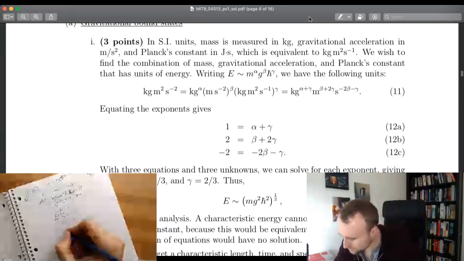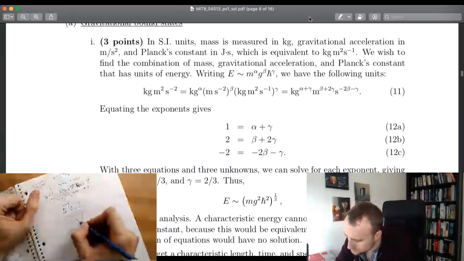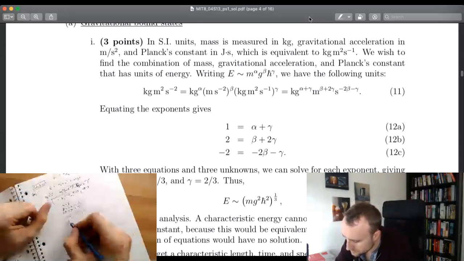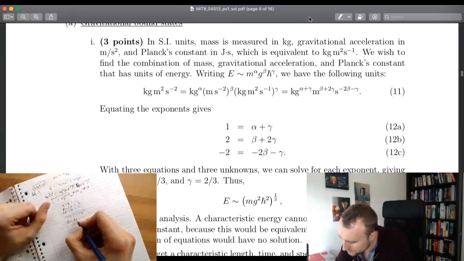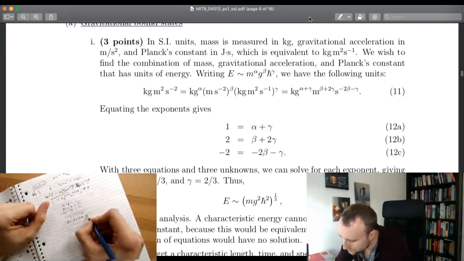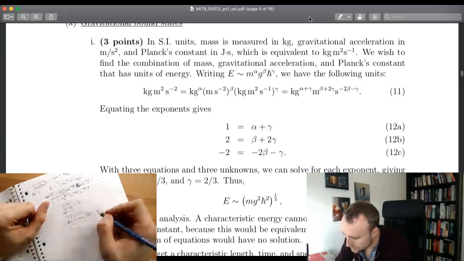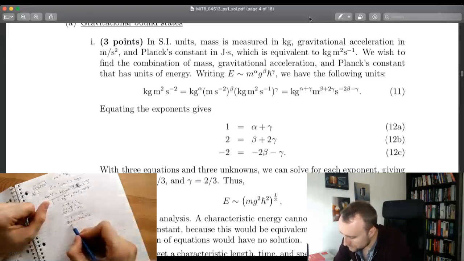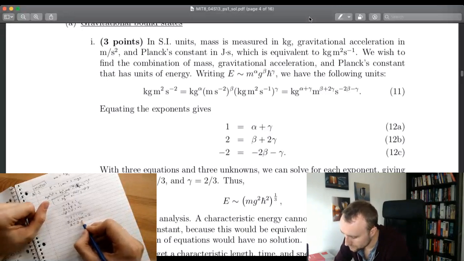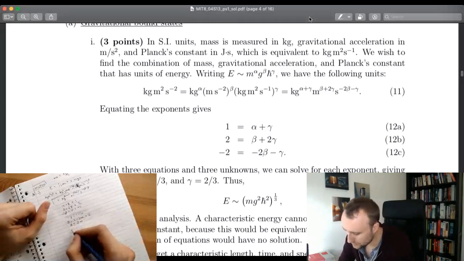All right. +2 minus 2 alpha equal 2. And let's solve this one here. Beta is equal to 2 alpha. So yeah, we did get that right.